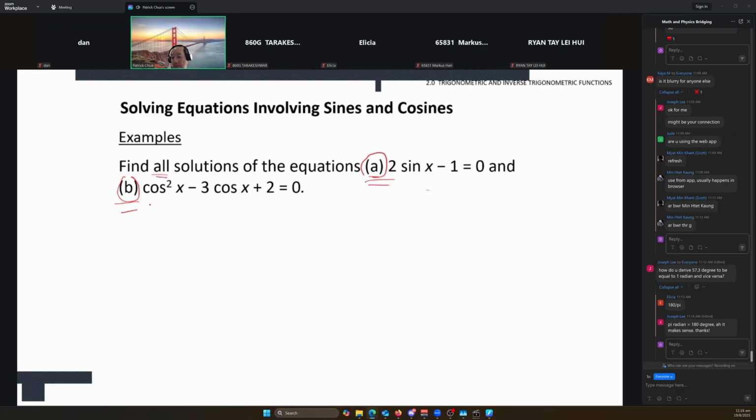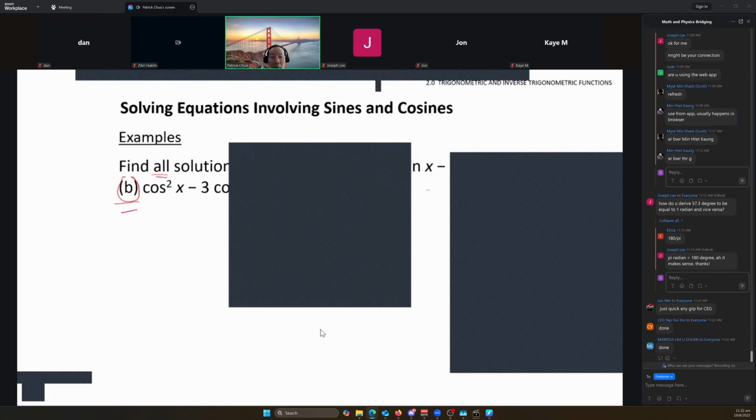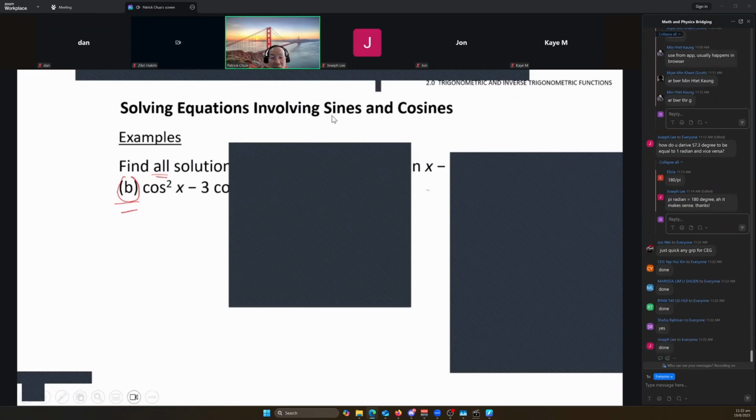Wait, Professor, should we do this in degrees or radians? These are all in radians. Okay, done already? All right, now you can check your answer.